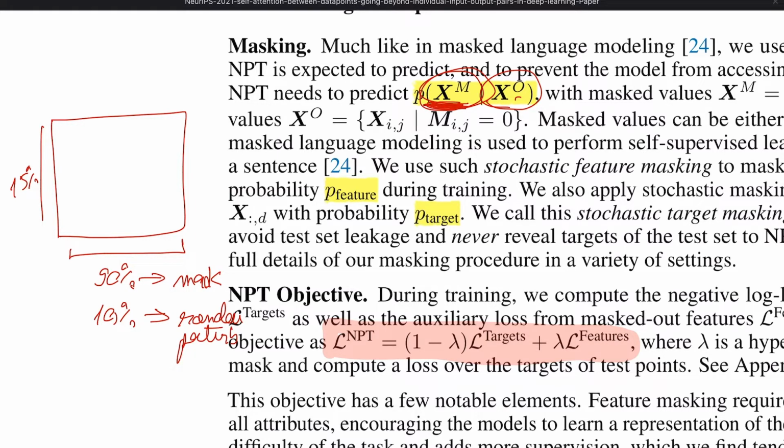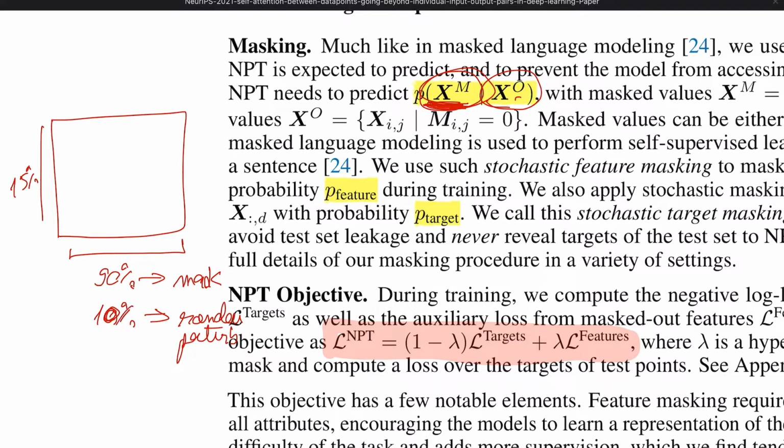If it was continuous values, I think they were taking it from a normal distribution, so basically putting random noise. And if it was a categorical value, they were just shuffling it.